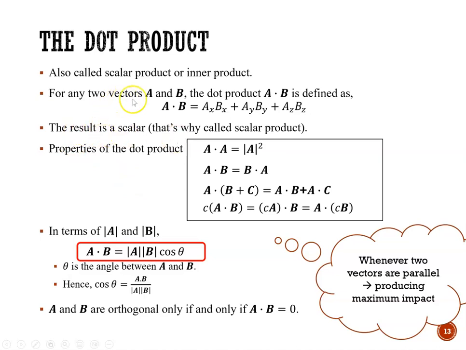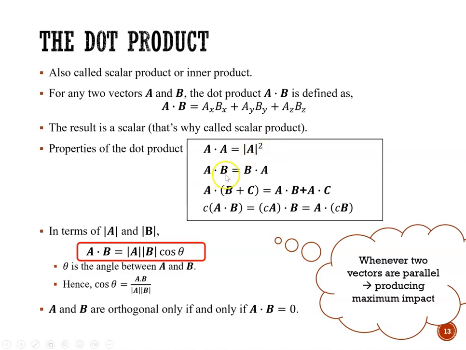For any two vectors A and B, the dot product A dot B is defined as AX BX plus AY BY plus AZ BZ. Notice this is a scalar without any unit vector involved. Properties of the dot product: A dot A is actually A squared.